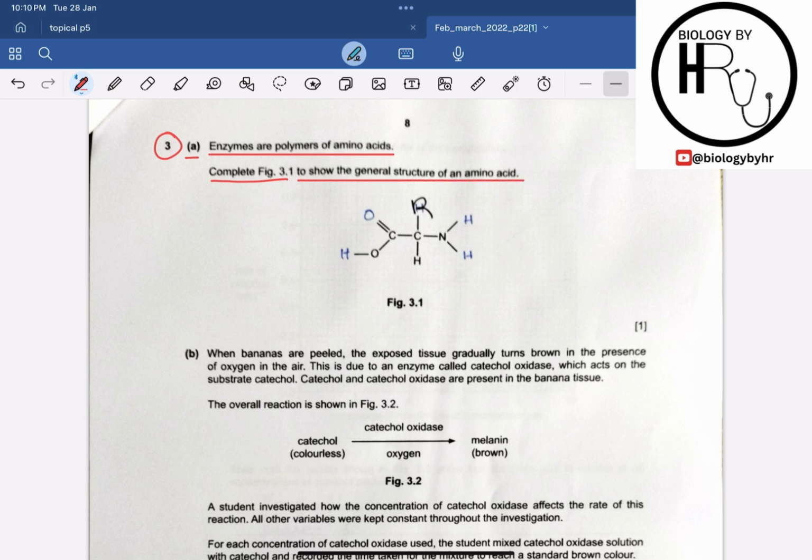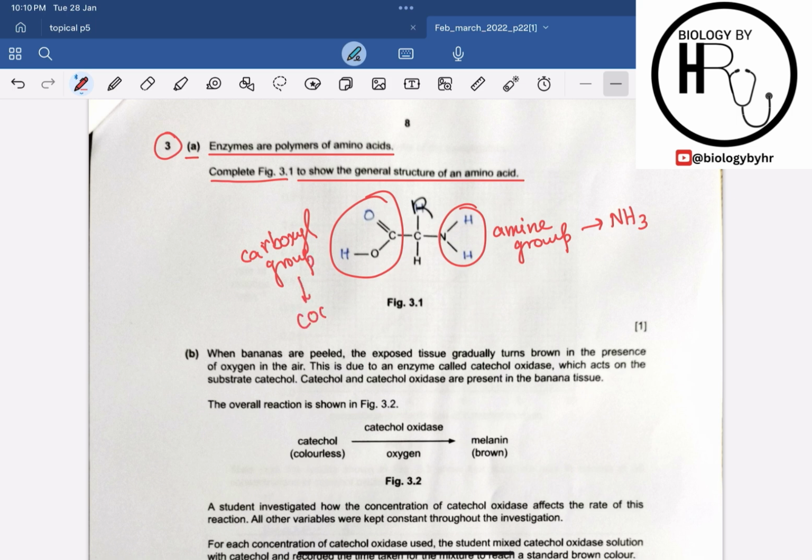So basically the amino acid has an amine group, which is NH2, on one side, and then it has a carboxyl group on the other side, which is COOH, C double bond O, OH, and this is basically the side chain, right?